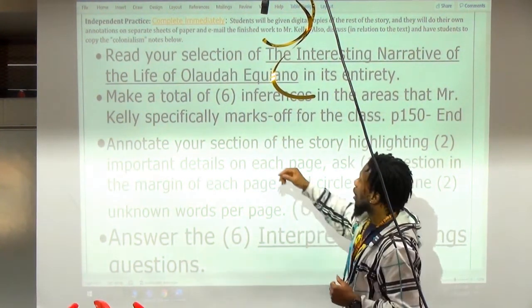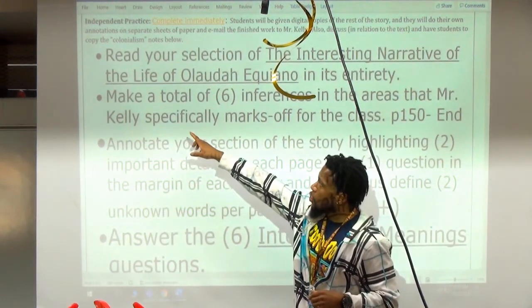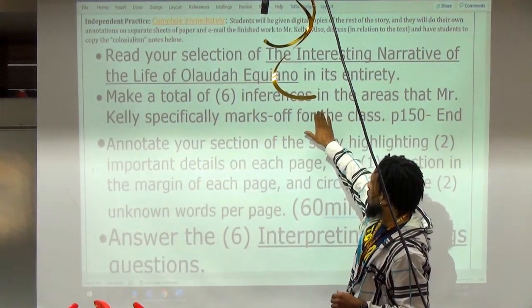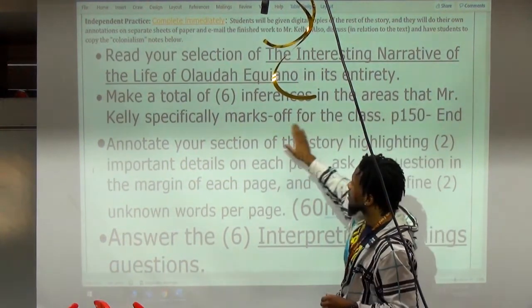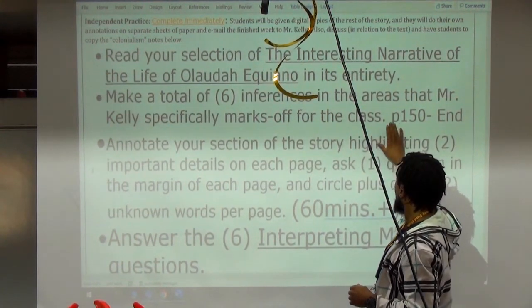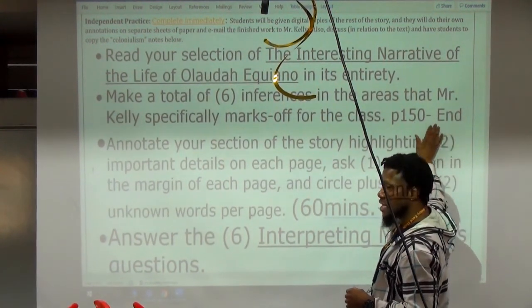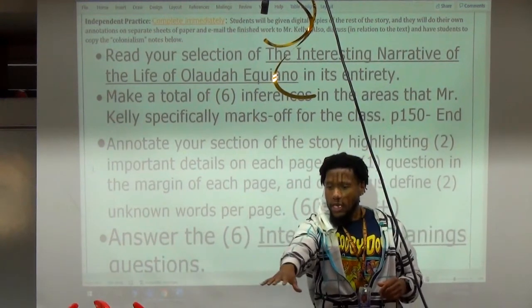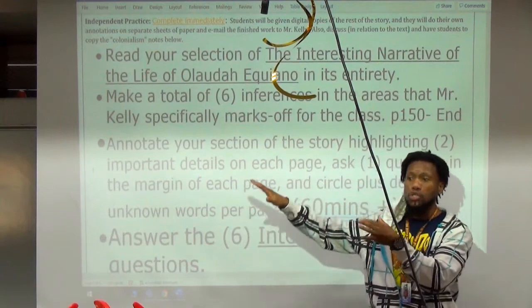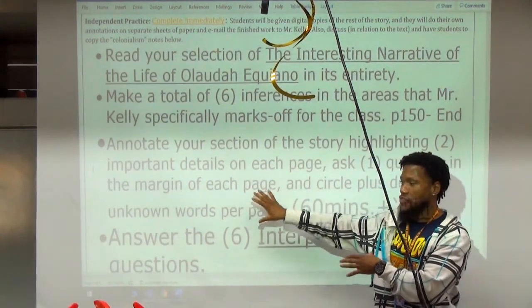The next thing you're going to be doing is making a total of 6 inferences in the areas that Mr. Kelly specifically marks off for the class, again from page 150 to the end. I told you in the books they're already marked off in red, and they correspond to those questions that I have to guide you.